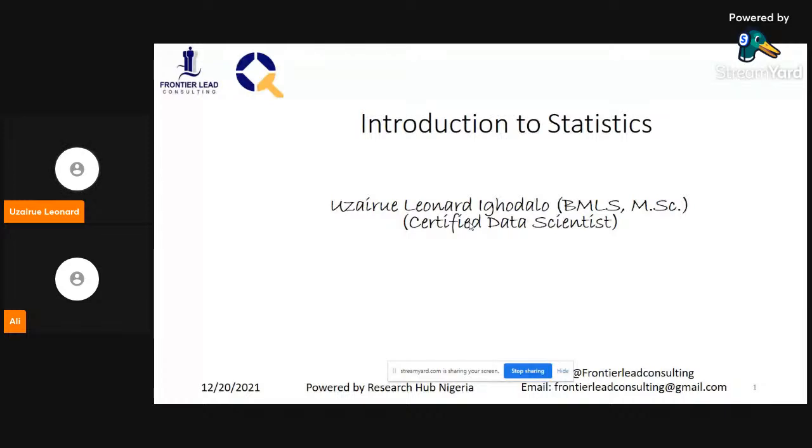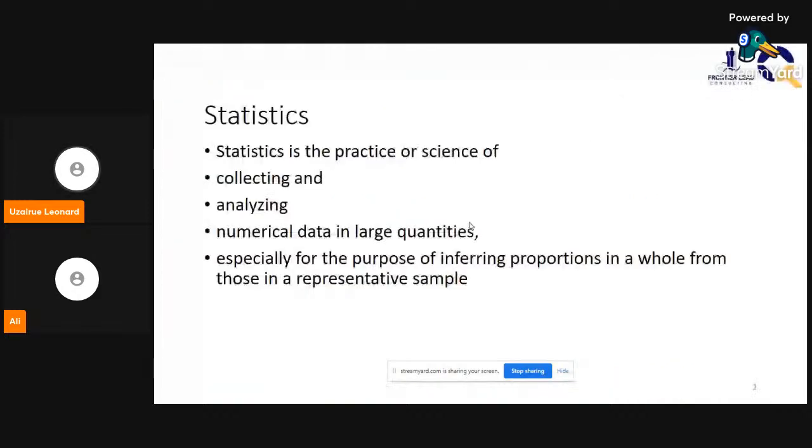Now I know at your undergraduate level you must have known what statistics is. When we talk about statistics, basically we are talking about the practice or science of collecting, organizing, and analyzing numeric data.